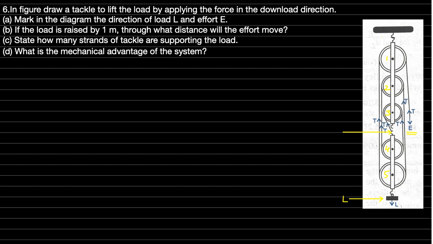So it would be easy for me to explain. So this is where the arrow mark is where it starts from, goes around the pulley 3 and the tension down to pulley 4 and then to pulley 2 and then back to pulley 5 and then finally to pulley 1 and then to the effort. So this is how it's going to be. So this happens to be the first part of it.